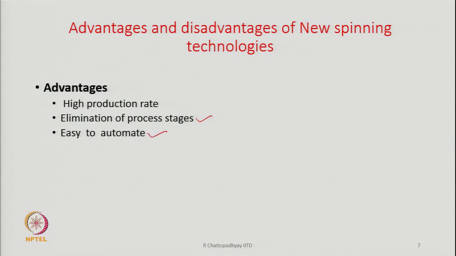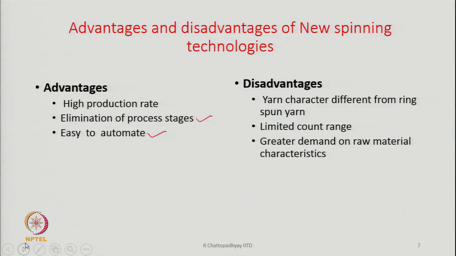And then the other one is that they are easy to automate. Automation has come in a big way, and most of the machines are getting automated, and these machines are easy to automate. Against this, the disadvantages are that yarn character is different from ring spun yarns. That is the disadvantage, and we will see why, if the yarn characters are different, it will be a disadvantage. This we will come to know as we go through the course.